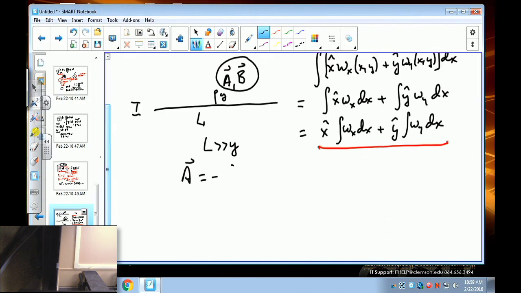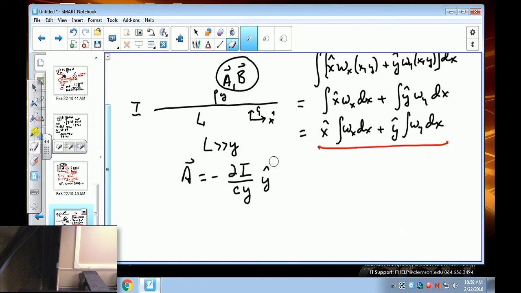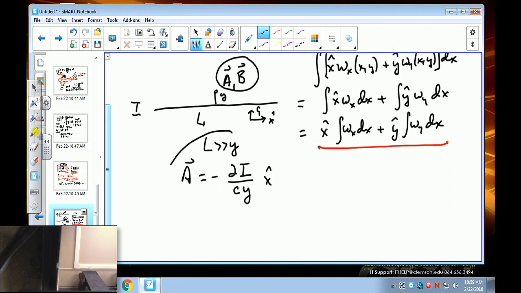A is minus 2I over c times log y, in this case along the, excuse me, if this is x, that should be x hat here. A points in the direction of the current. And this is true in that limit. But you'll also find the exact expression that's true for any y, because the integral gives that to you.